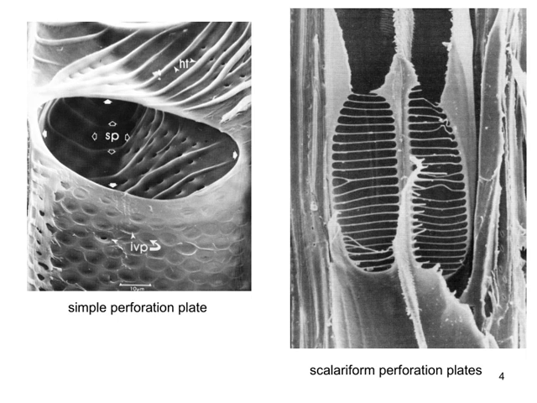Both these types of perforation plates are key features when we're studying plant vascular tissue because they affect the flow of water and nutrients. Recognizing these differences helps us understand how different plants adapt their vascular systems for efficient transport. Overall, these structural variations in perforation plates are integral to the plant's ability to transport water effectively, which is a crucial part of the larger picture of plant physiology and adaptation.